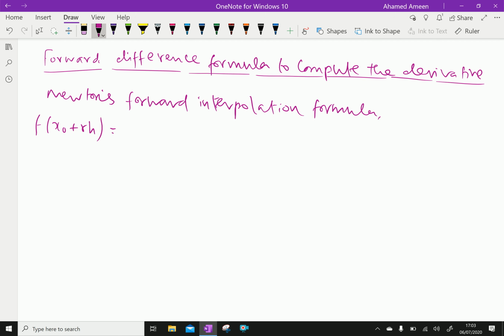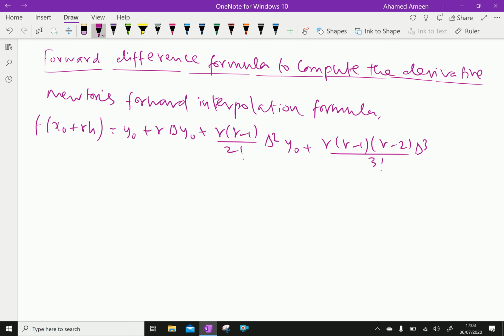Which is equal to y0 plus r delta y0 plus r into r minus 1 by 2 factorial delta square y0 plus r into r minus 1 into r minus 2 by 3 factorial delta cube y0 plus r into r minus 1, r minus 2, r minus 3 over 4 factorial delta power 4 y0 plus the terms continue.